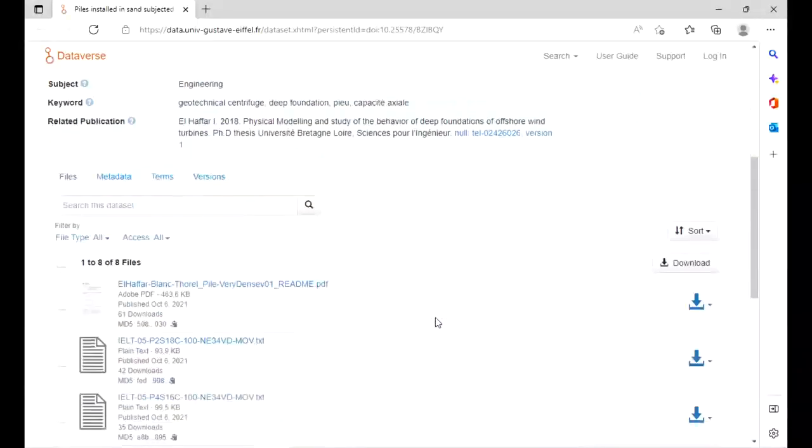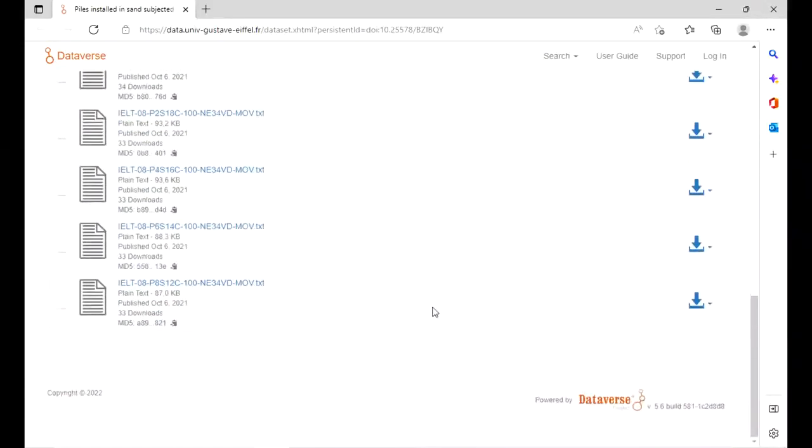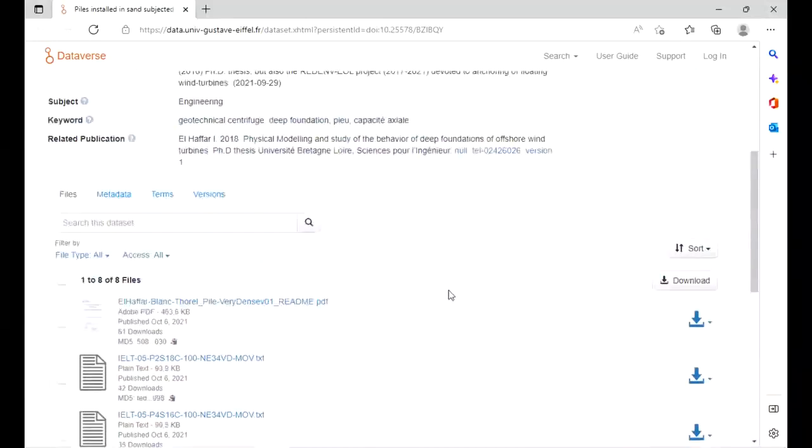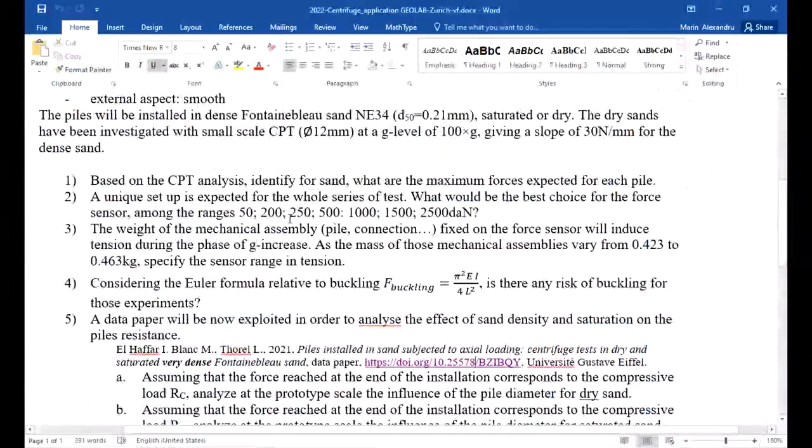Okay, so it's a data paper, and so you have the description of the test in the PDF file, and then different results of tests, 7 results that you can download to work on. Do you have computers where you can check this, or maybe you can do little groups and share your computers?